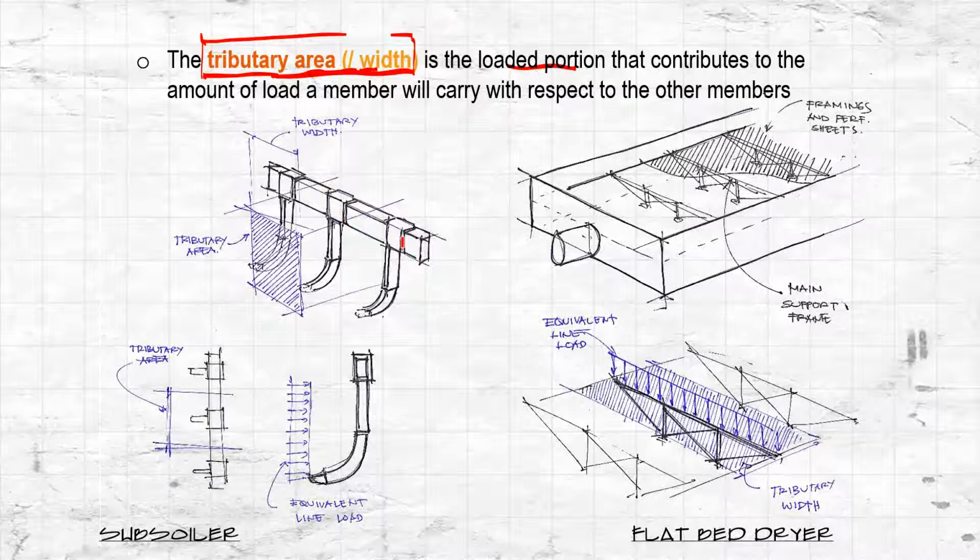A subsoiler is a type of implement that breaks the soil if the soil is hard. Because we need to perform tillage before we can do the planting operation.